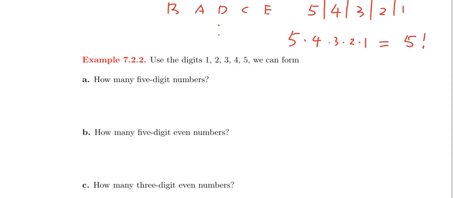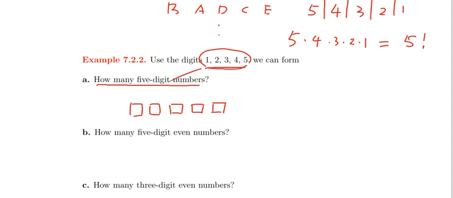So now let's consider this problem. We use these 5 digits, 1, 2, 3, 4, 5. We want to find, using these digits, how many 5-digit numbers we can make. So it's the same: the first position, we have 5 positions, and for the first position we can just pick one from them to put here. So how many ways? 5 ways, right?